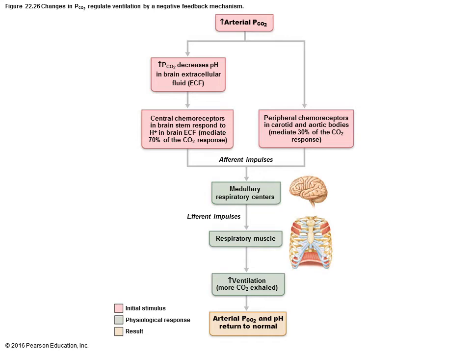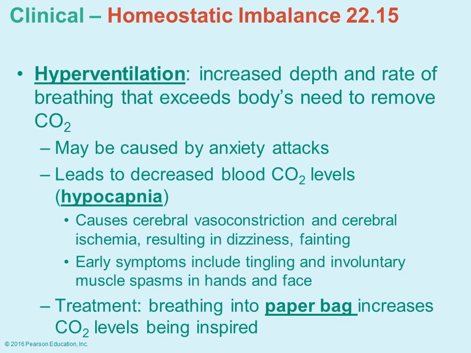Is it the central chemoreceptors in the brain, or is it the peripheral chemoreceptors in the carotid and aortic bodies? What is that going to send a message to? Ultimately to the brain, down through the nerves, to increase contractions so that you increase your inhalation.